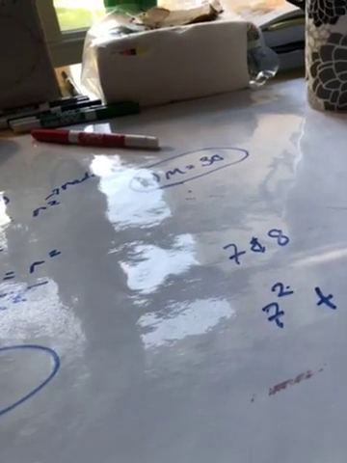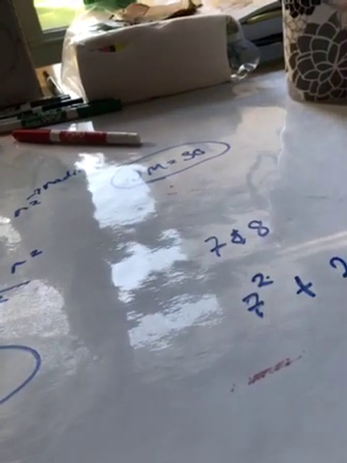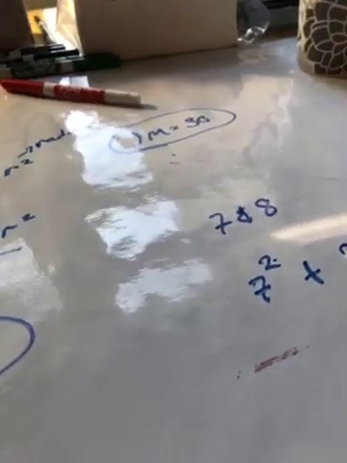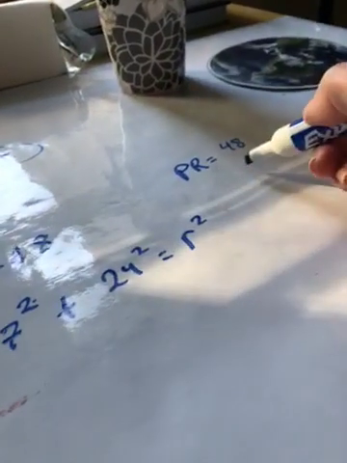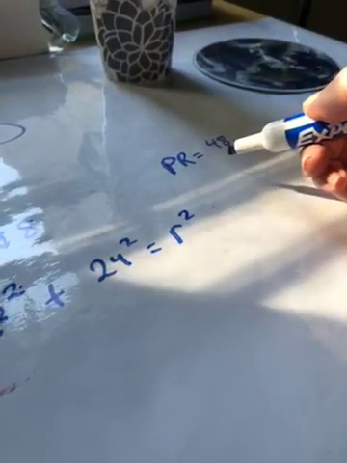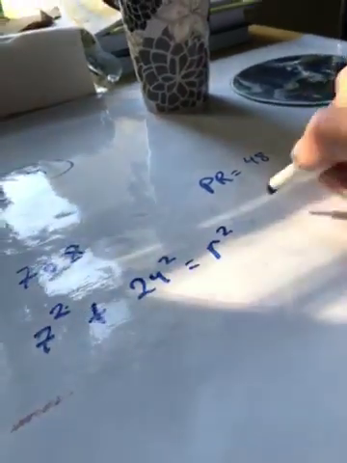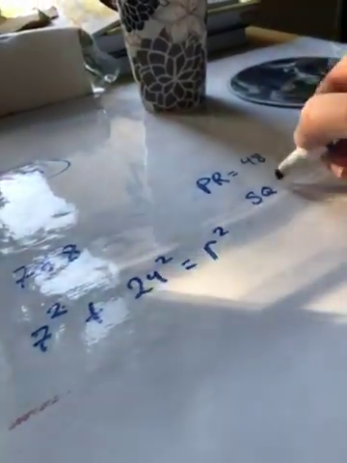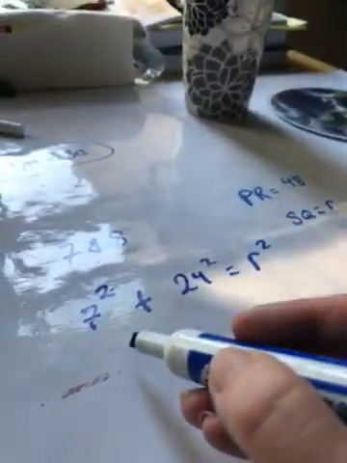It's going to be congruent to PQ. PQ, if we double 24, we get 48. So PR is 48. And then SQ is going to be your radius, because that's from the center to a point on the circle. So you plug everything in here: 7 squared plus 24 squared is your radius squared.